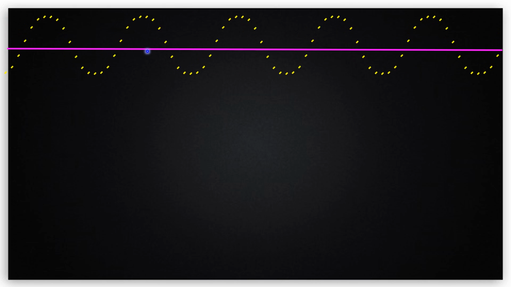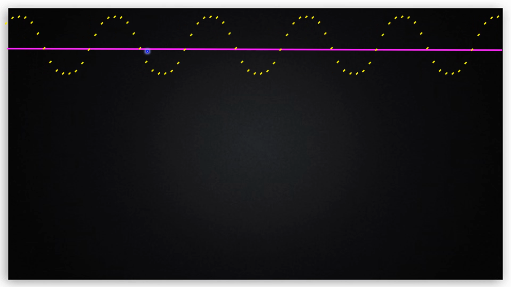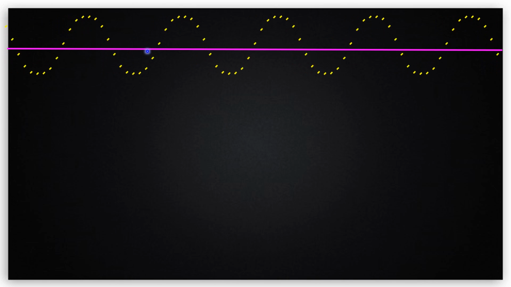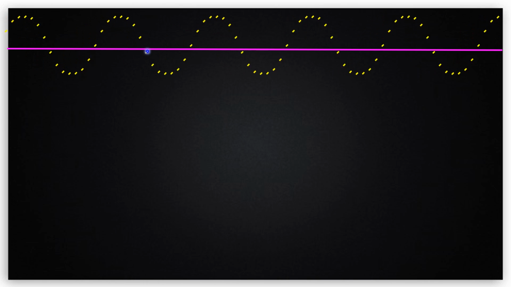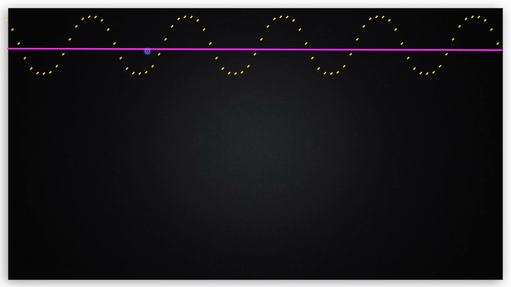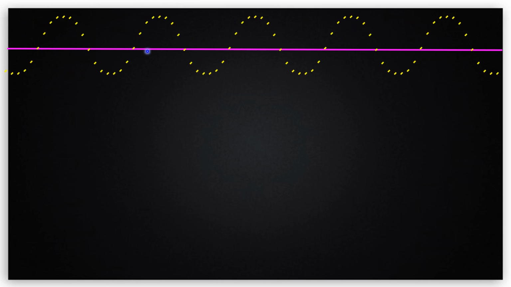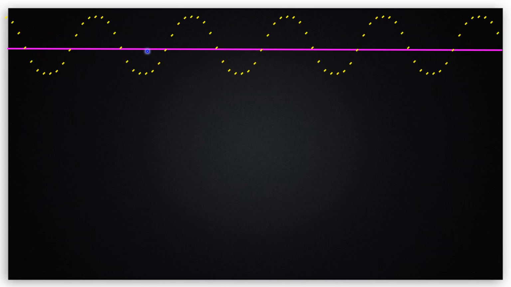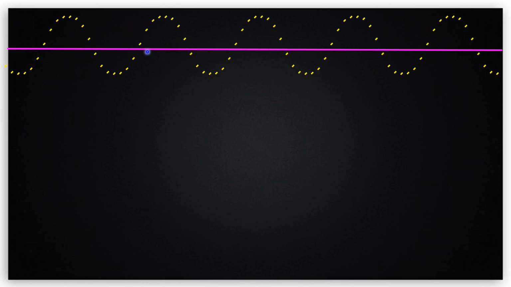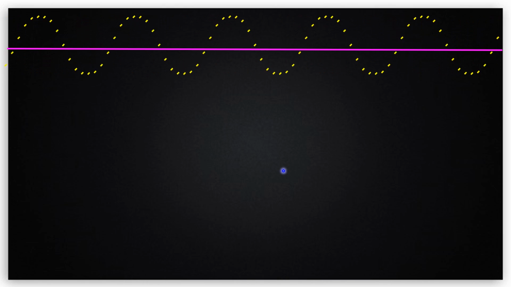That number is called the frequency of the waves, isn't it? If the distance equivalent to one wavelength is crossed at any point, then I will count it as 1. So the number of waves crossed at any point in 1 second is called the frequency, and the frequency of the waves is represented by the letter nu.